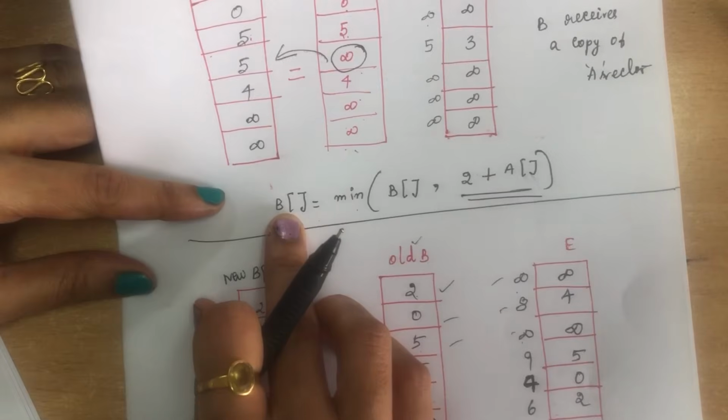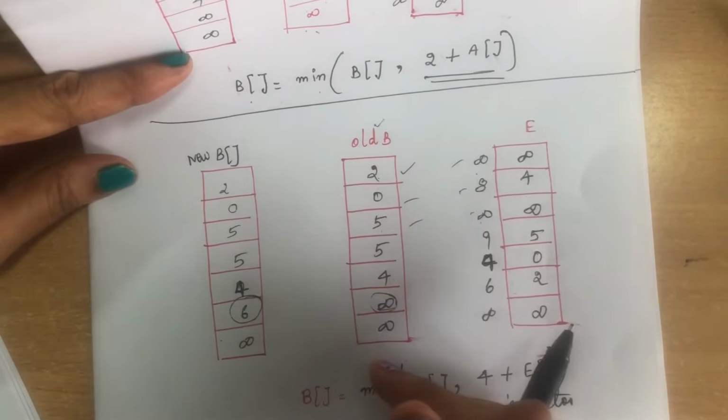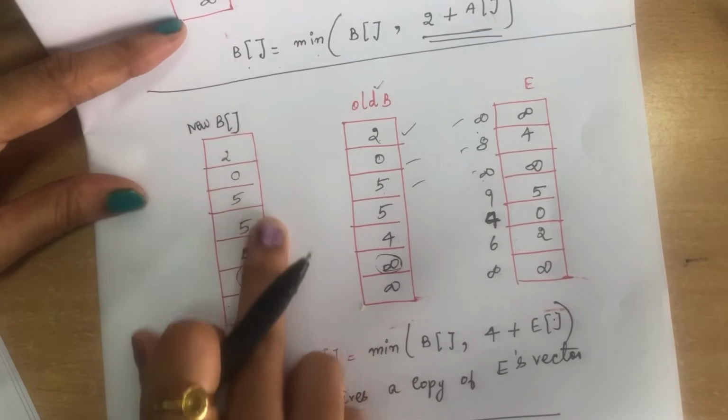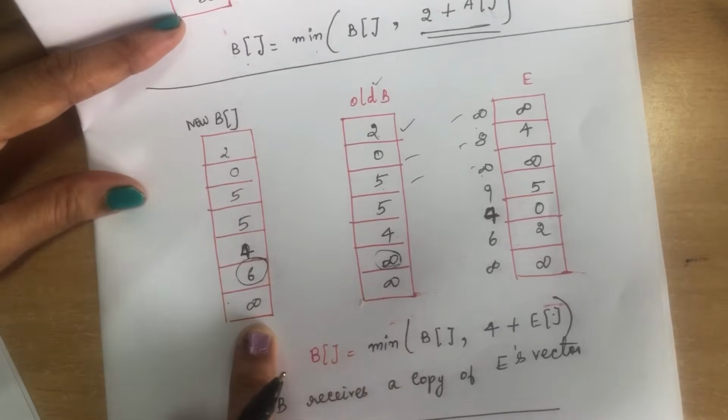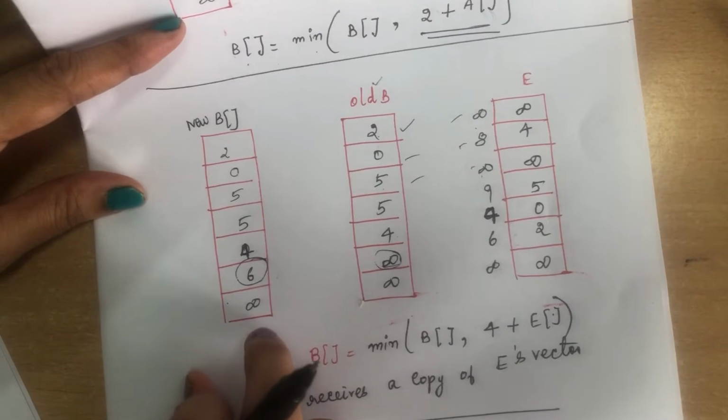With this it finds the new distance vector. Likewise, it will receive distance vectors from other neighbors and update its distance vector, and instead of infinity, all the values will be set to some value. So this is how it finds the distance vectors from that particular node to all other nodes.